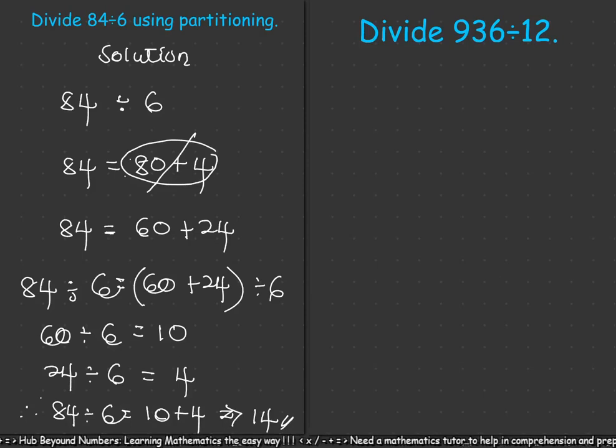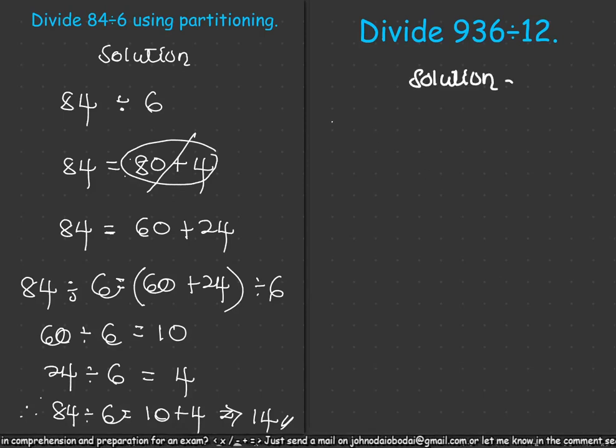Let's pick a few more examples. Let's look at this question over here, after which we do one last one for those that contain decimals. We have to divide 936 by 12.